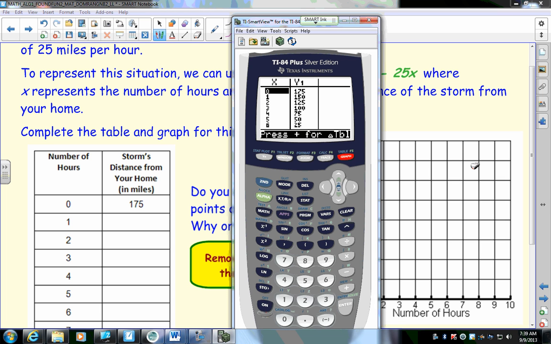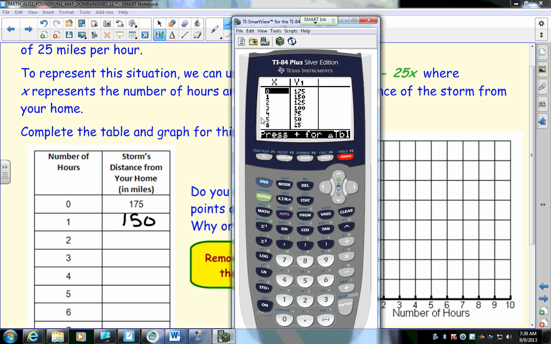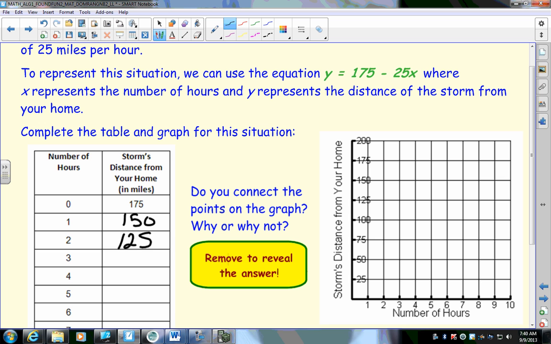So what you should have been doing is looking at this, and it says 0 and 175. That's what's already in your table. 1 and 150. So I'm going to put in there 150. Looking again, 2 and 125. You would have seen 3 and 100.